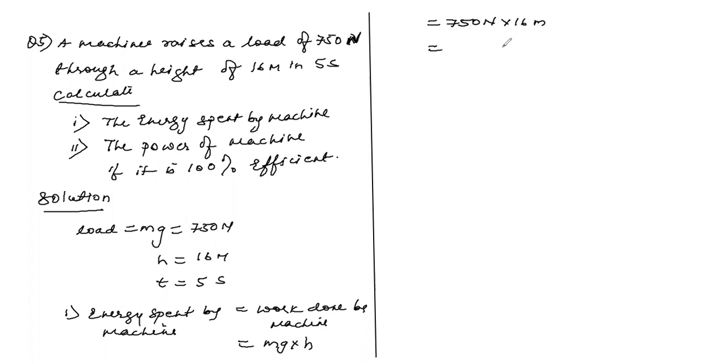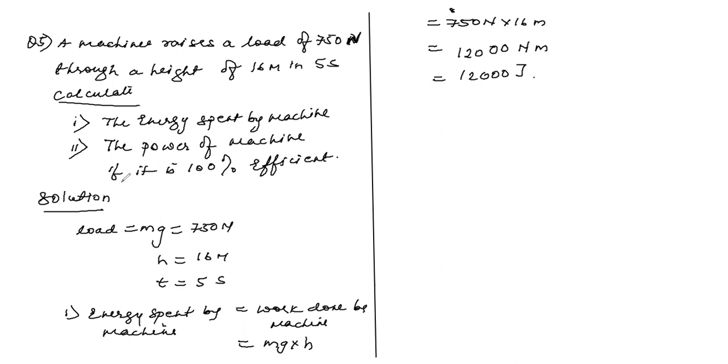16 zeros are 0, 16 fives are 80, and 16 sevens are 112, so 12,000 Newton meter. This is nothing but 12,000 joules. Got it? So remember, children, the energy spent by the machine is 12,000 joules.